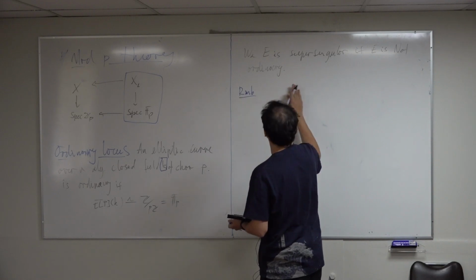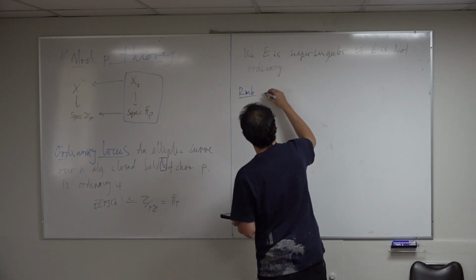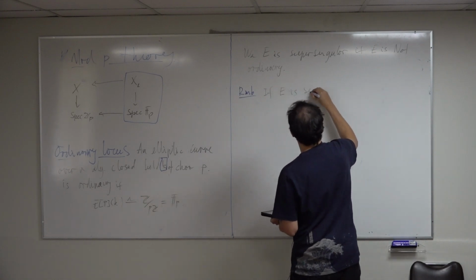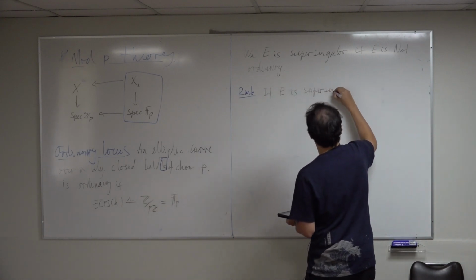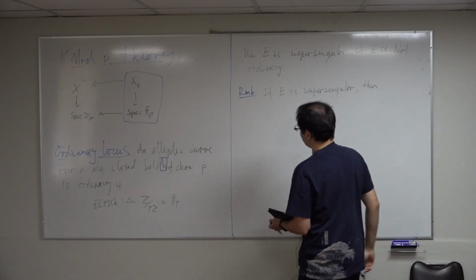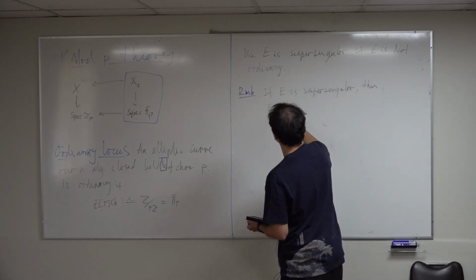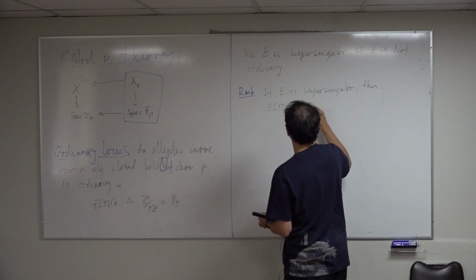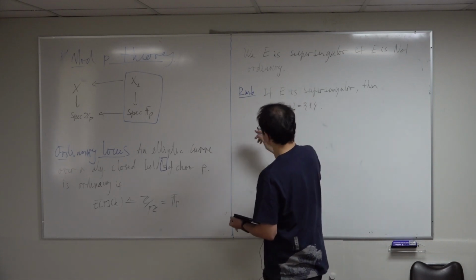It may be kind of useful: if E is supersingular, then the p-torsion points are trivial, just one element.